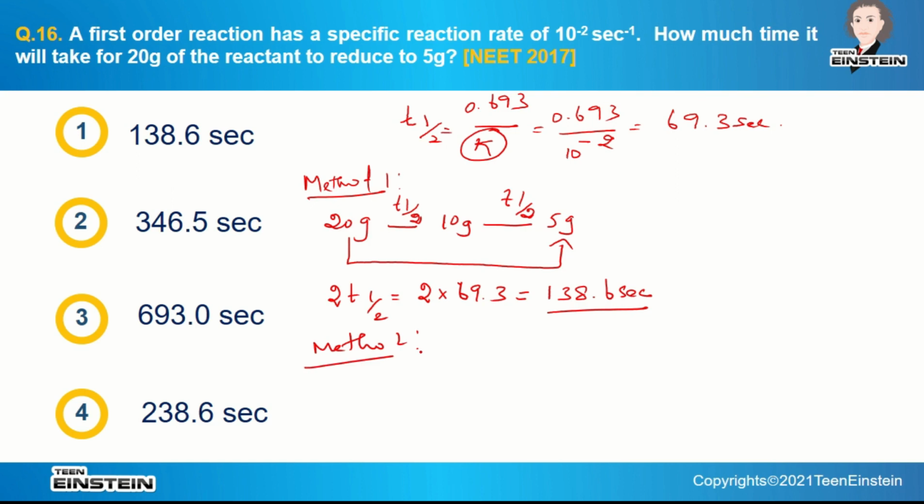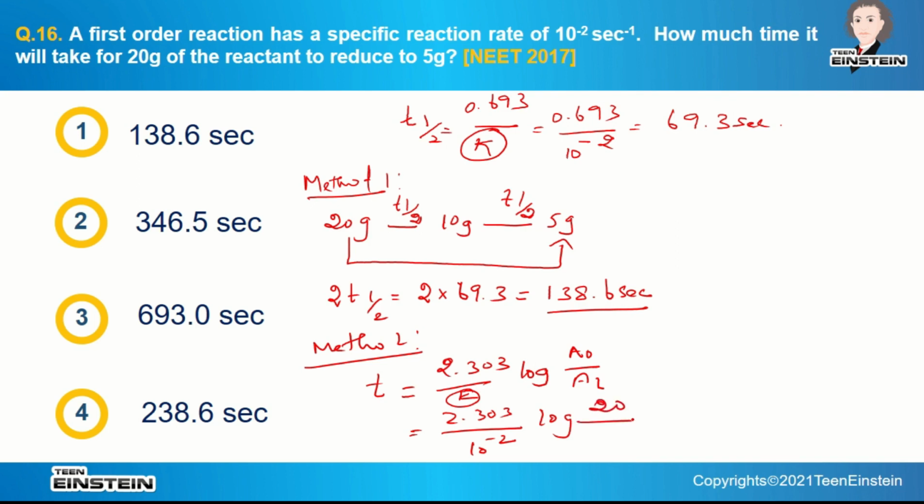method 2, that will be, we know the first order rate constant equation, that is T is equal to 2.303 divided by K log of A naught by A. So here 2.303 divided by the rate constant value 10^-2, log of A naught, which is 20 gram, divided by A, the amount remaining, that is 5.